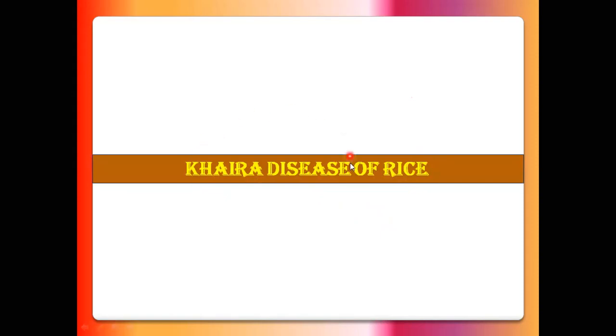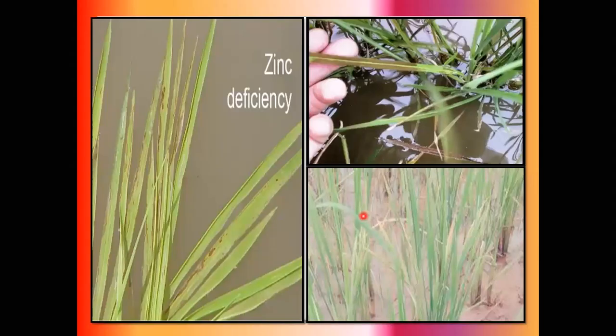This is known as Khaira disease of rice. This is an abiotic disorder, not a biotic disease. This type of symptom is not caused by any pathogens, so this is an abiotic disorder.